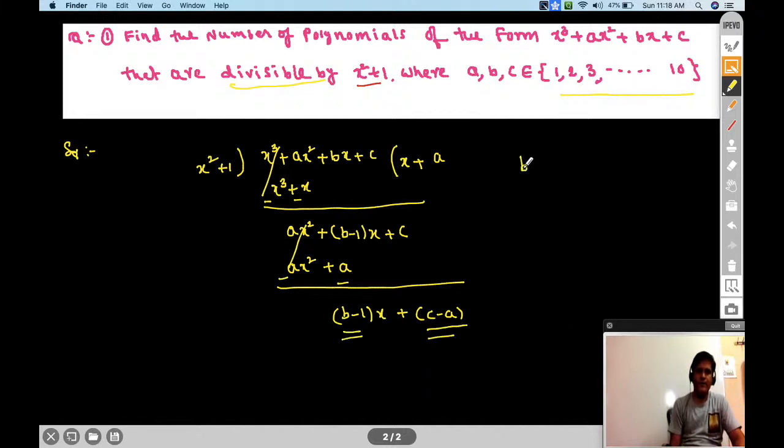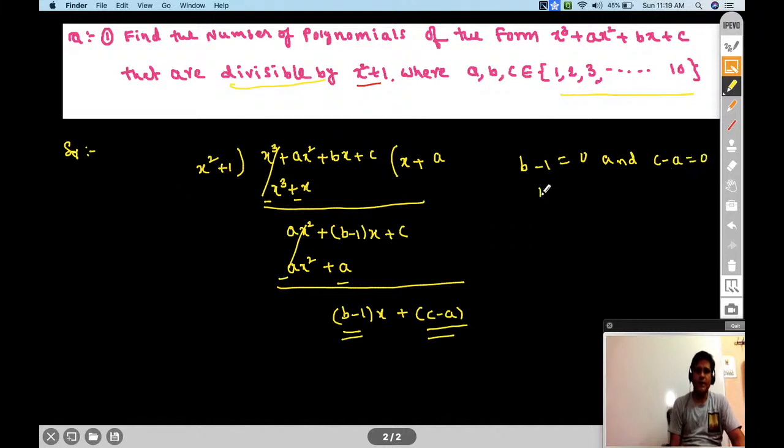Therefore b minus 1 is equal to 0, and at the same time c minus a is equal to 0.